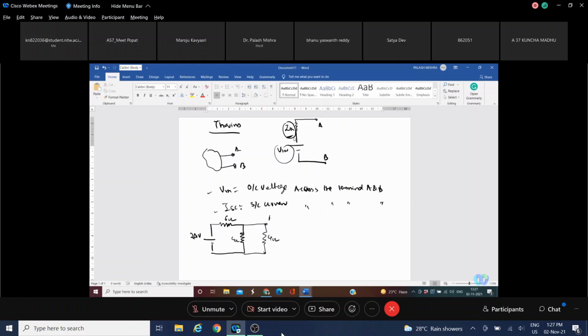You have to find the Thevenin's equivalent across the terminals A and B. VTH is the open circuit voltage between the terminals A and B, so VTH is the open circuit voltage VAB. Please tell me this voltage by using the simple KVL equation. What is VAB?